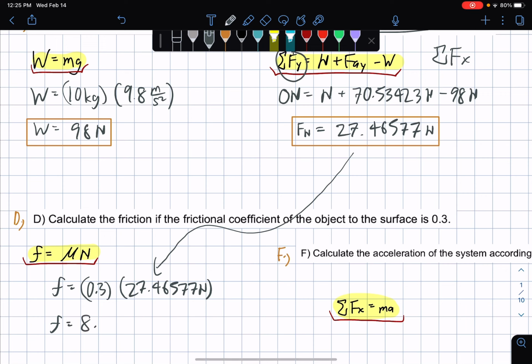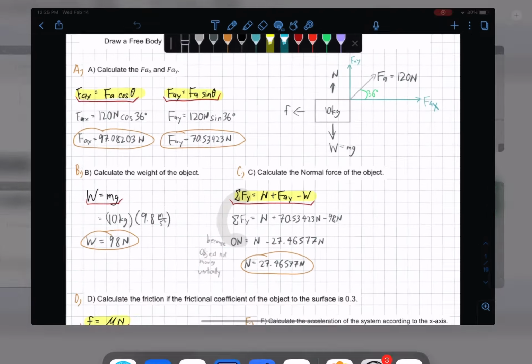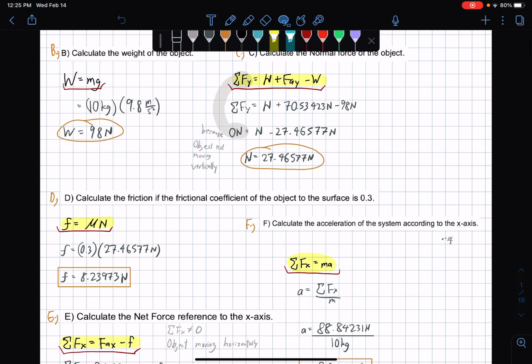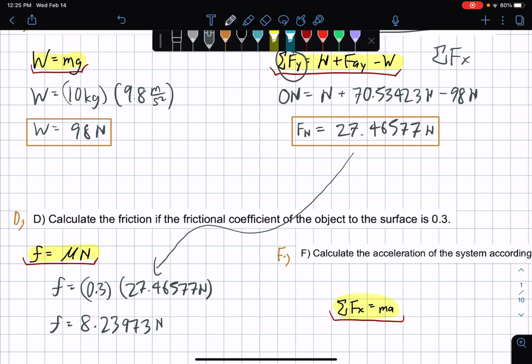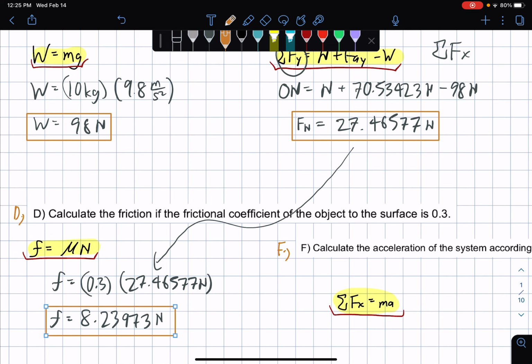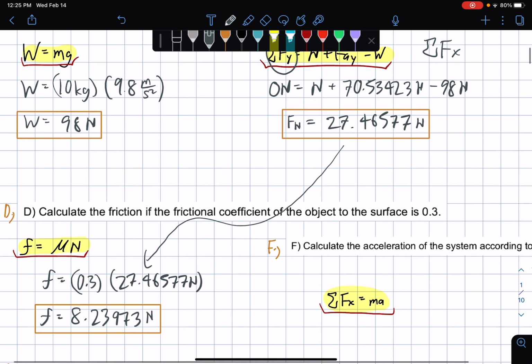So friction is equal to 8.23973. What is the unit for friction? I'm not sure. Let's see the answer key. Newtons. Alright, that's interesting. So friction has also the same unit as force and weight, which is Newton.